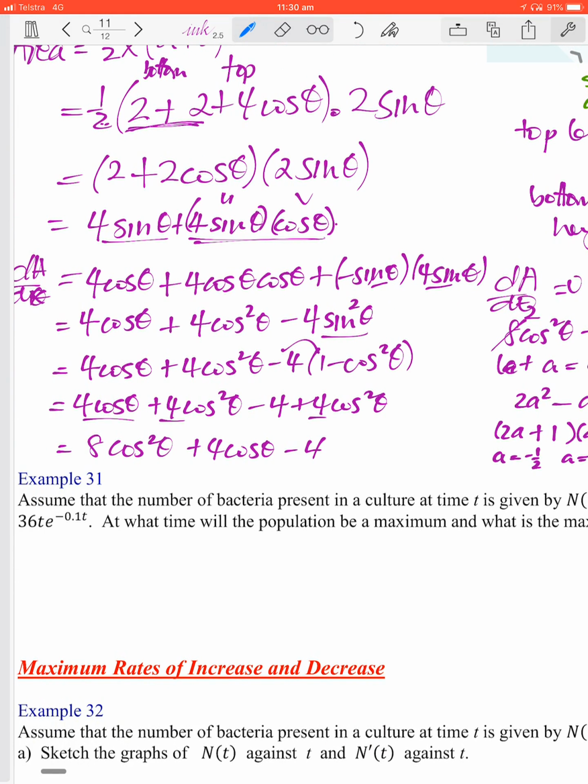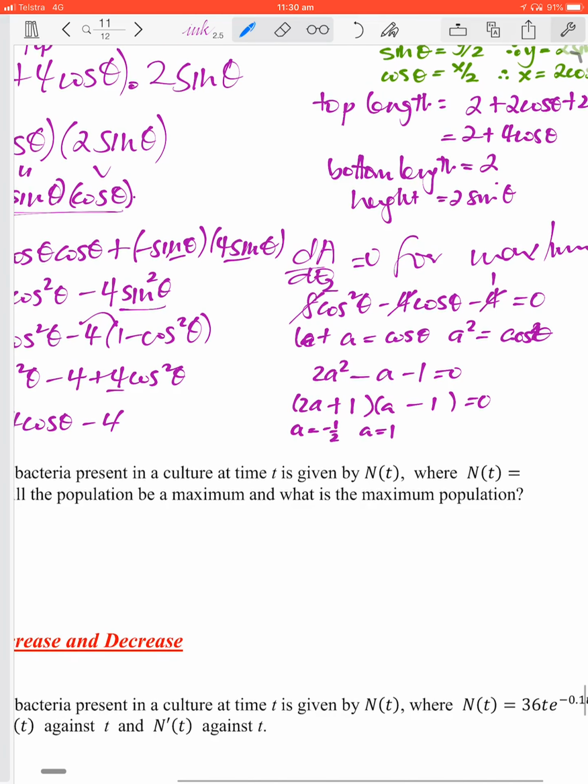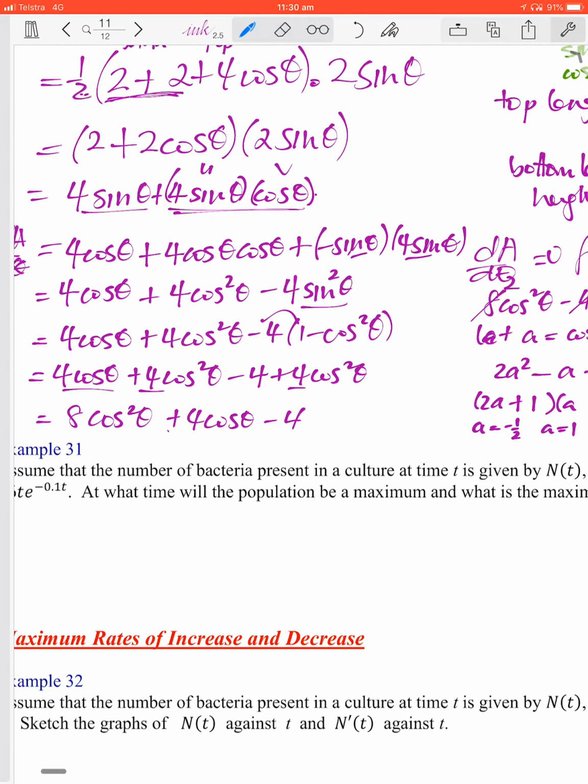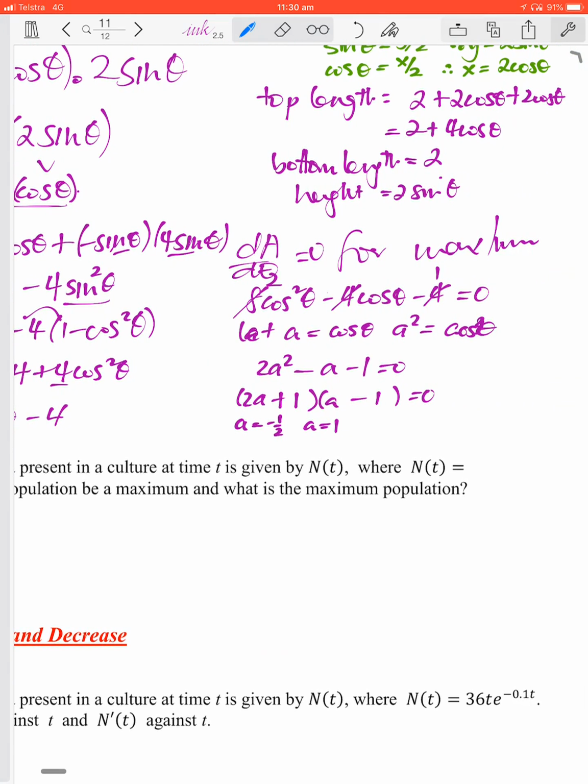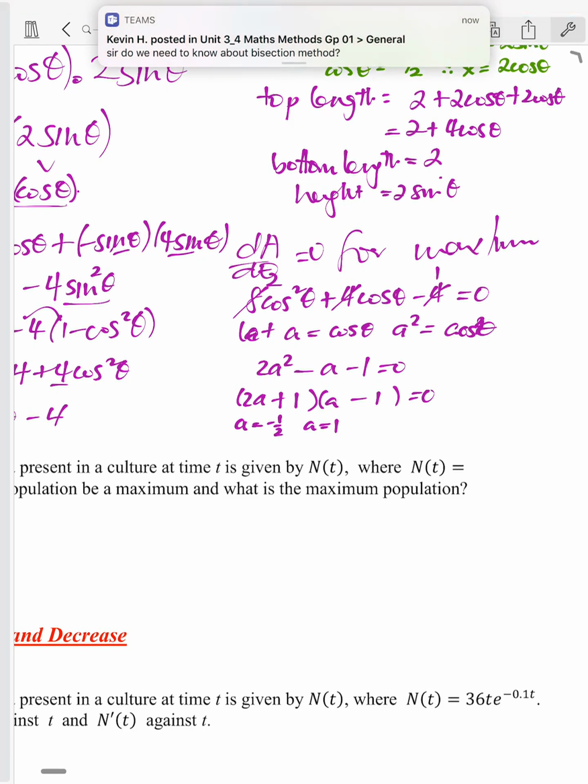Yep, that's right. Okay, we know sin squared θ is 1 minus cos squared θ, so it's going to be negative 4 plus 4 cos squared θ, so 8 cos squared θ plus 4 cos θ, and then minus 4. Is that right? And there it is. I've got a plus there, and then for some reason here it's a minus, so that's a plus.